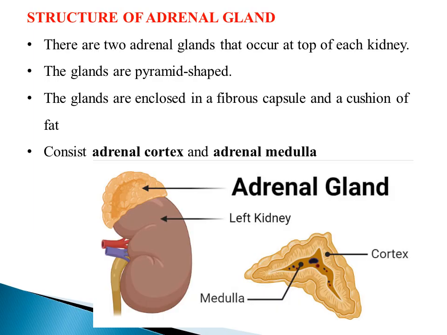They consist of two distinct regions, the adrenal cortex and the adrenal medulla. Each is responsible for producing different types of hormones, and their combined activity helps to regulate numerous vital processes like metabolism, immune response, and blood pressure.